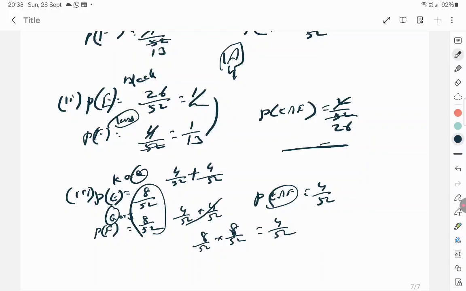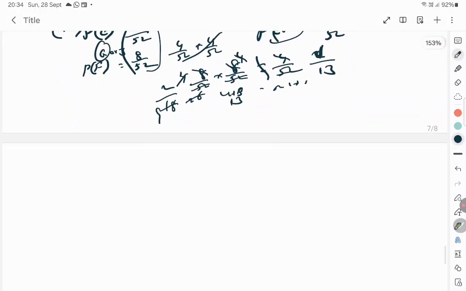To verify, LHS is definitely not equal to RHS, so they're not independent. Like that you should continue. That's all, that's over.